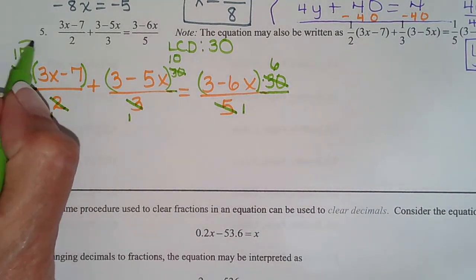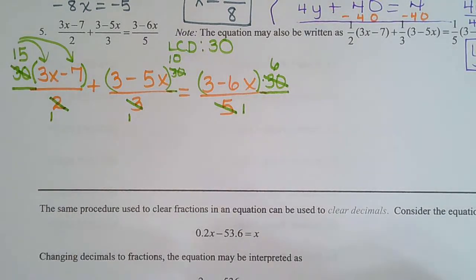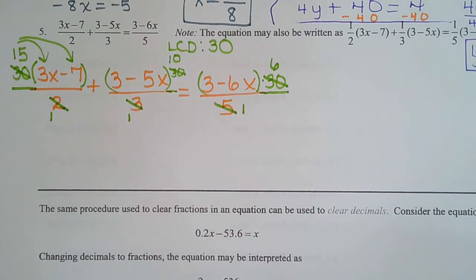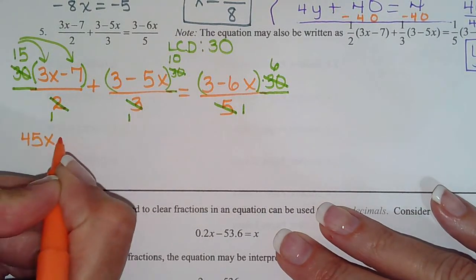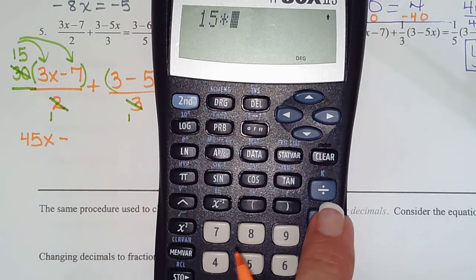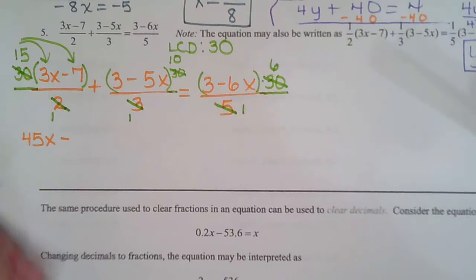So this one's going to have the 15 distributed. So 15 times 3x is going to be 45x minus 15 times 7. I think that's 135, but let's verify. 105. Good thing I did verify.